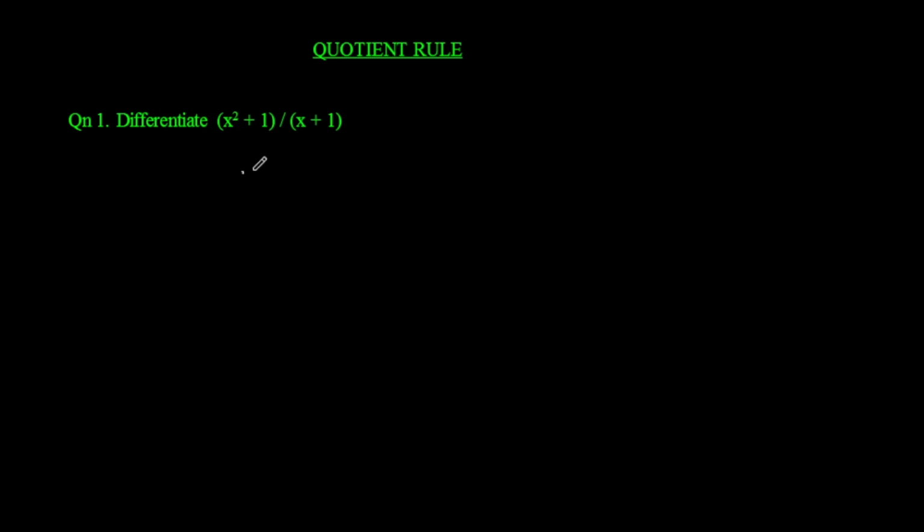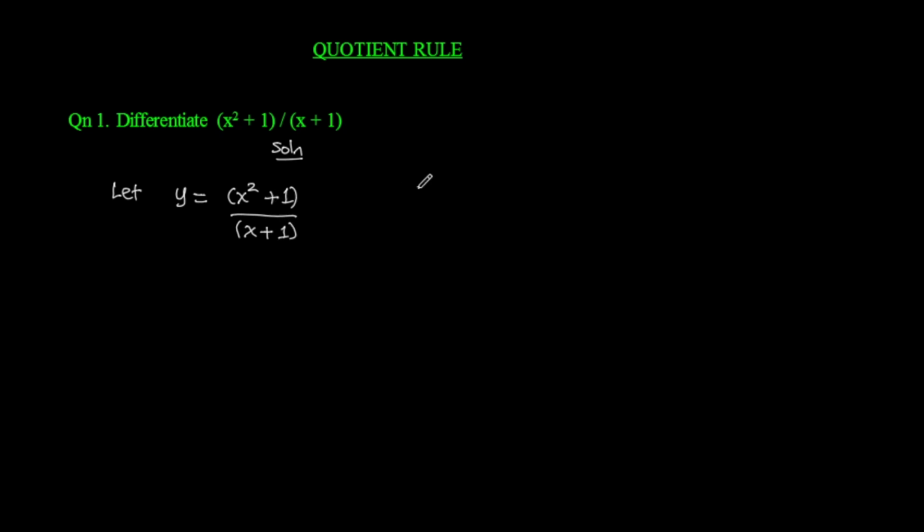So without wasting time, let's have a look at this question. So in the first place, we can recopy the question down here, and we let y equals (x squared plus 1) divided by (x plus 1).